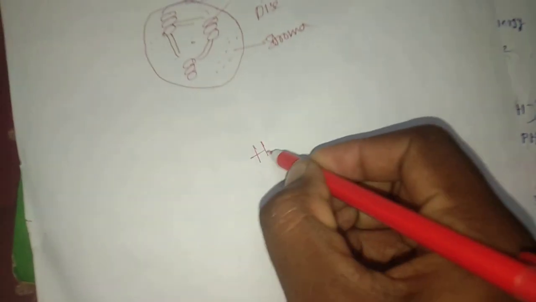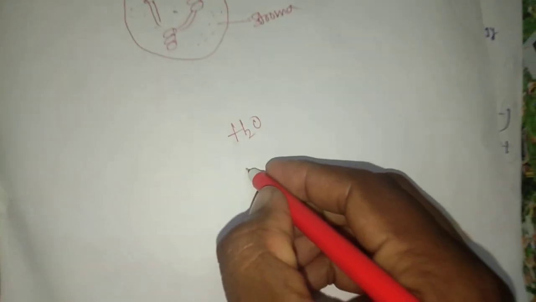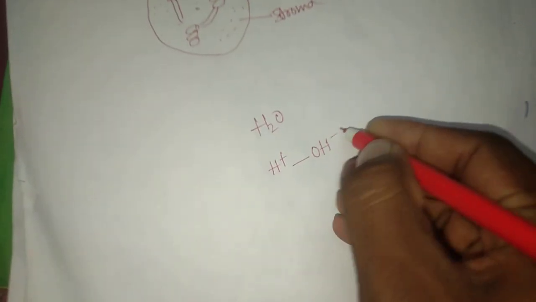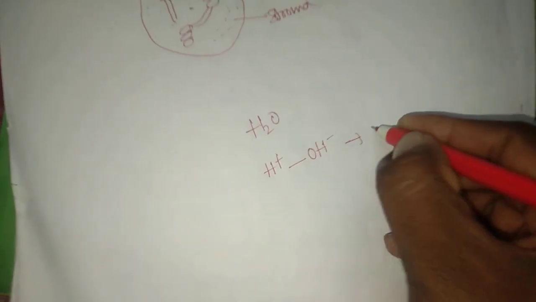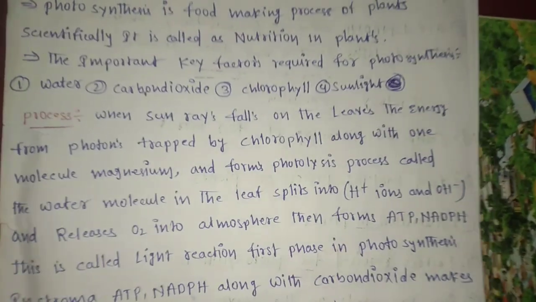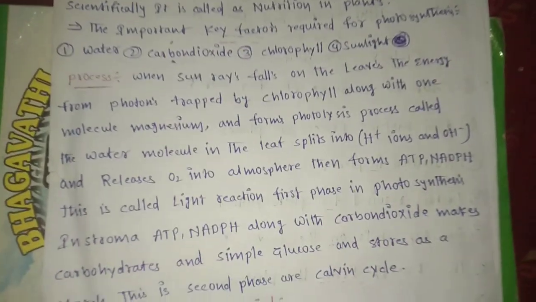H2O means two atoms of hydrogen and one atom of oxygen. It splits into H plus and OH minus ions, and oxygen as a gas is released from the stomata of the leaf into the atmosphere as a byproduct, a waste product of the plants. It is a useful product for animals and other living organisms. That's why the slogan is: save plants.